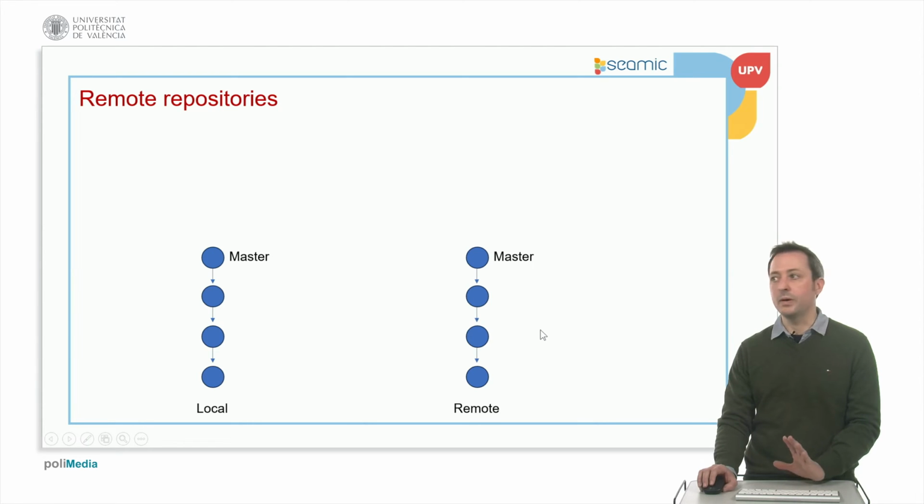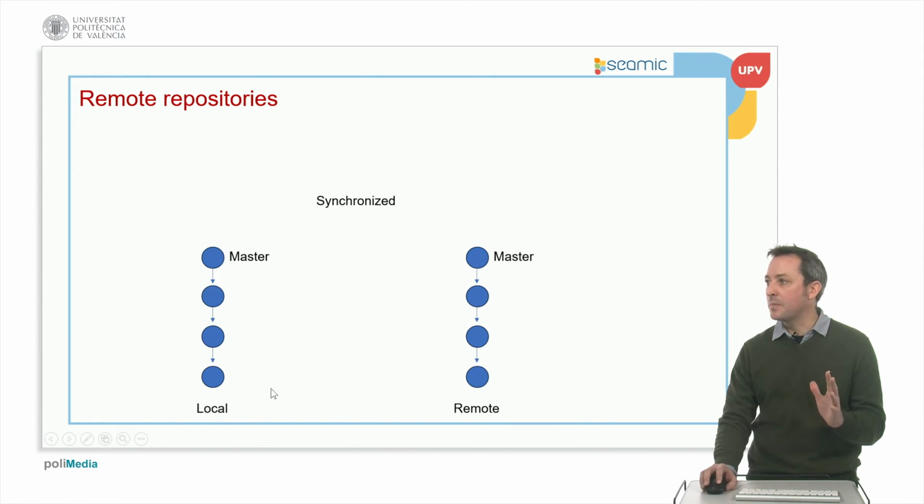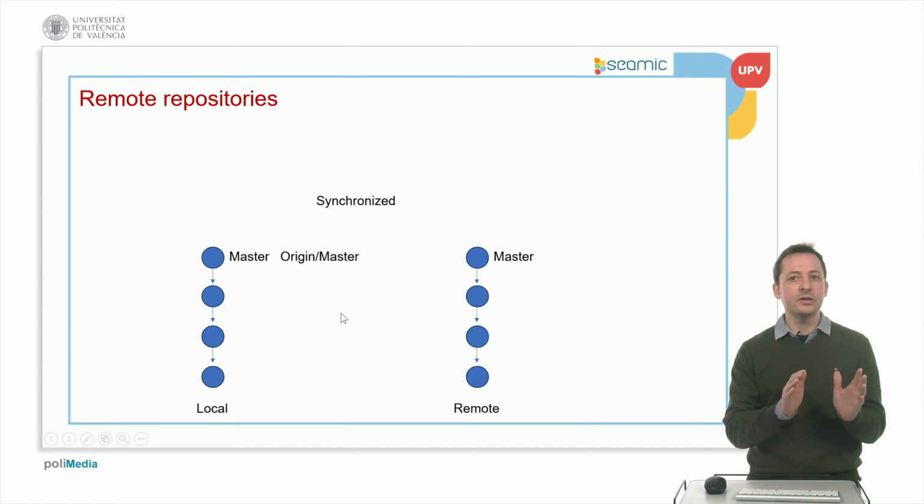And that's all. At this point, both repositories are synchronized, and as you can observe, the same master branch is copied into the remote repository. At this point, a brand new branch is created here that is called origin/master.